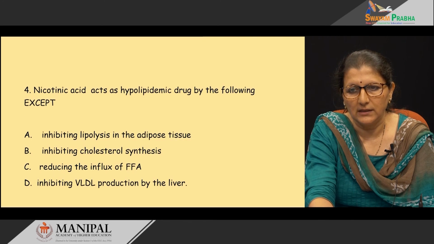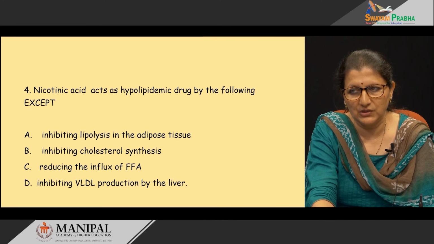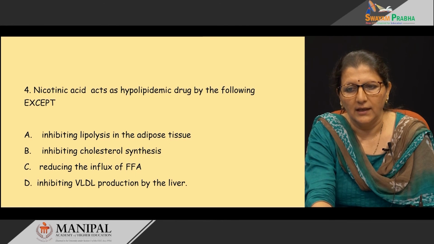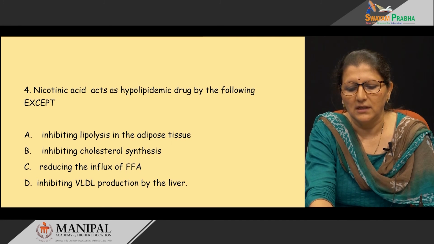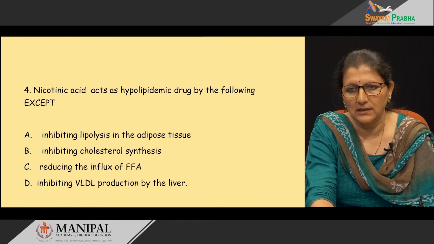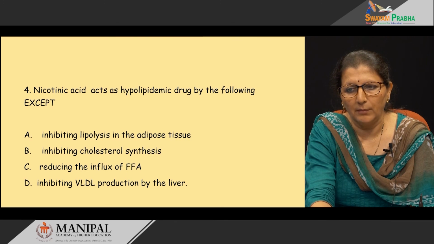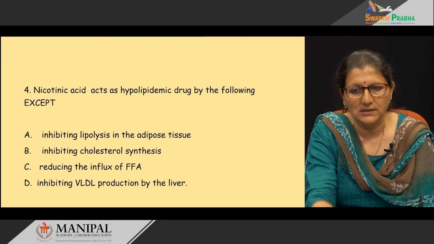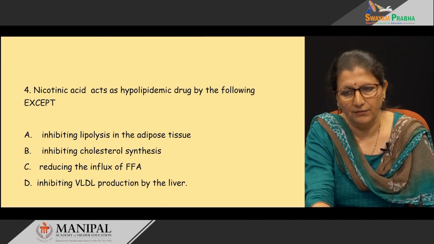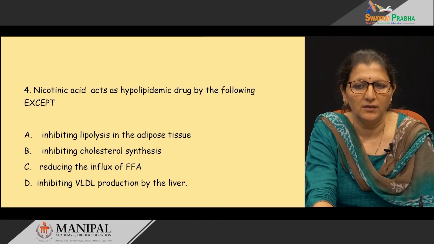The next one: nicotinic acid acts as a hypolipidemic drug by the following, except. You have to pick the statement that does not support nicotinic acid acting as a hypolipidemic drug: inhibiting lipolysis in the adipose tissue, inhibiting cholesterol synthesis, reducing the influx of free fatty acids, or inhibiting VLDL production by the liver.